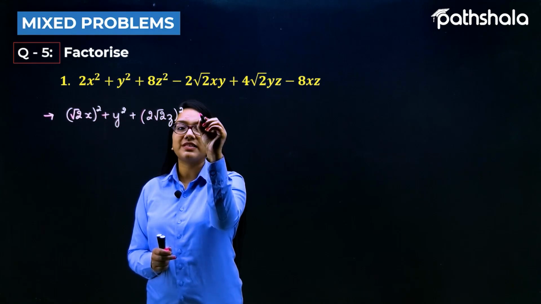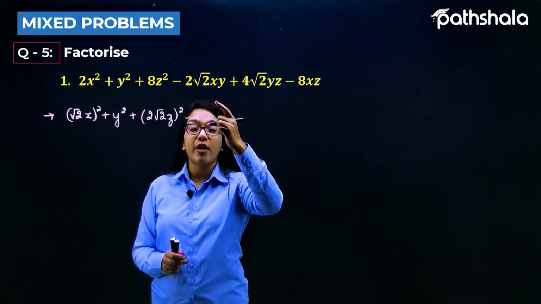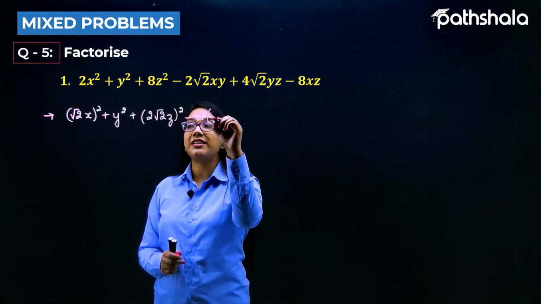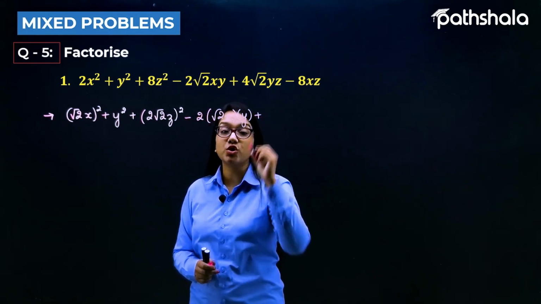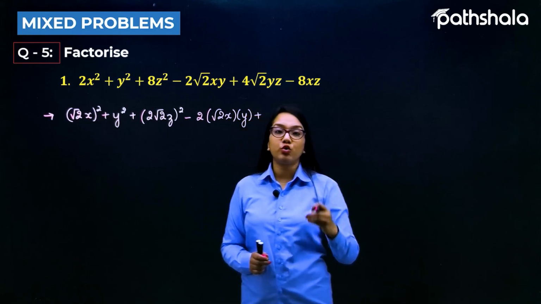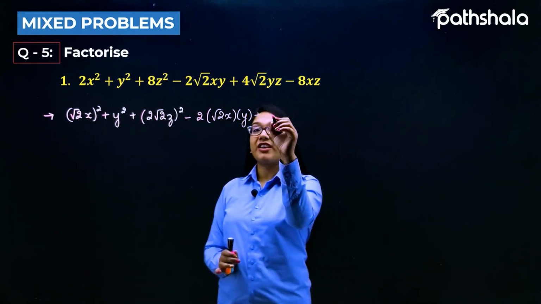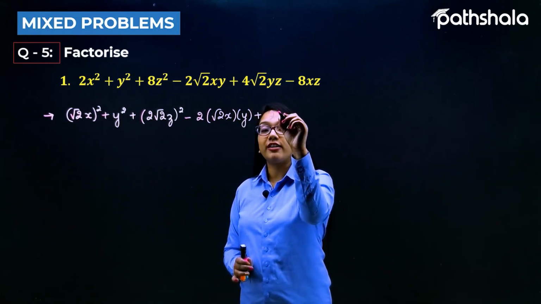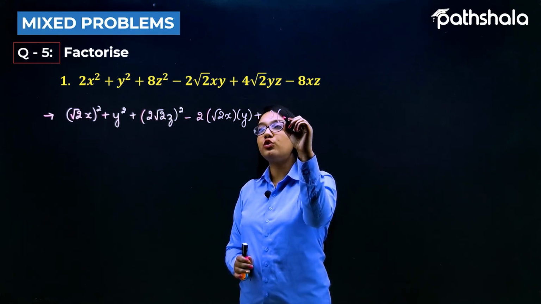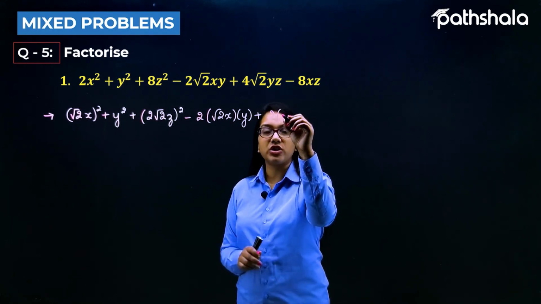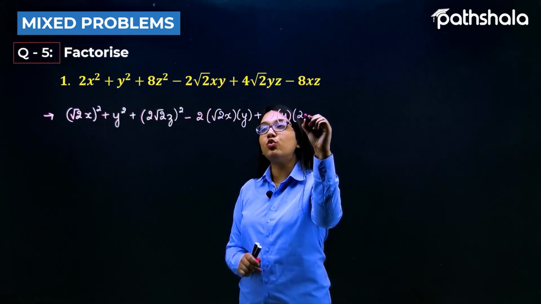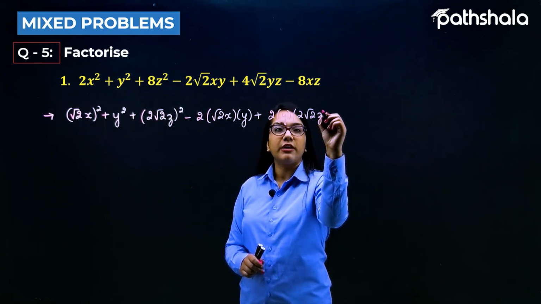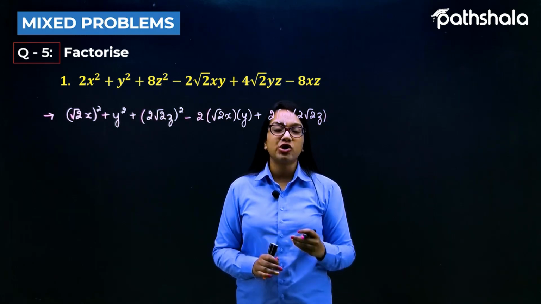Further we can write minus 2 and we have √2xy. We can write it as √2x into y. Further we have plus 4√2yz. We can write it as 2 and further we have √2x. Let us write y first, so we can write 2 into y and further we have 2√2z.